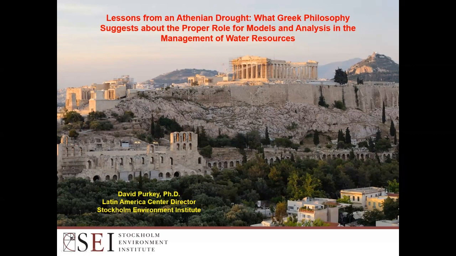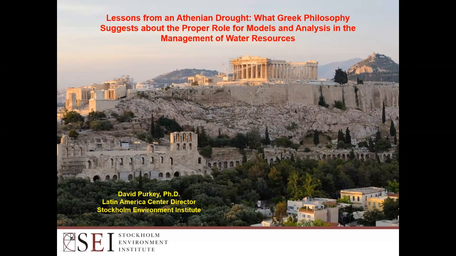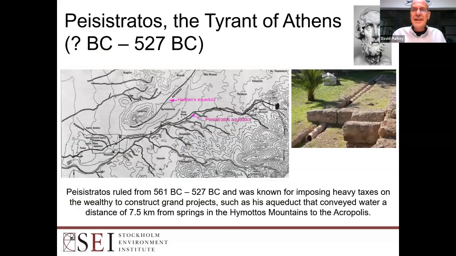So for this, I'm going to try to take us all back to ancient Greece and start telling the story with a person whose name is Pisistratos, who is also known as the Tyrant of Athens.